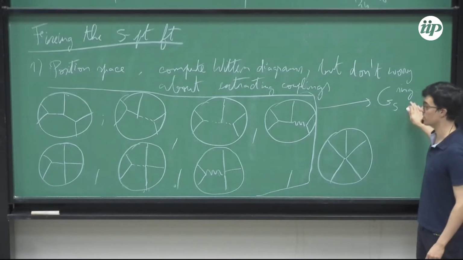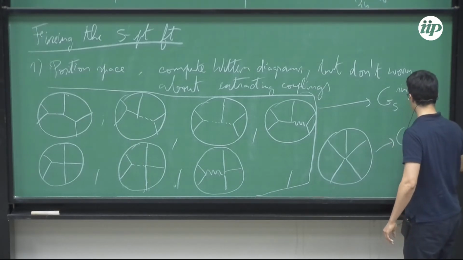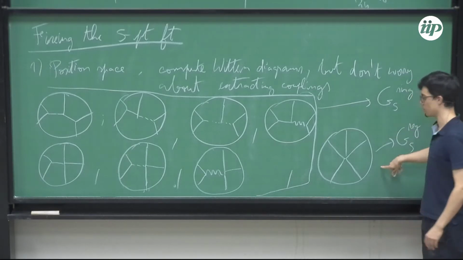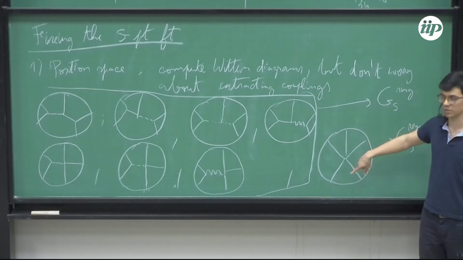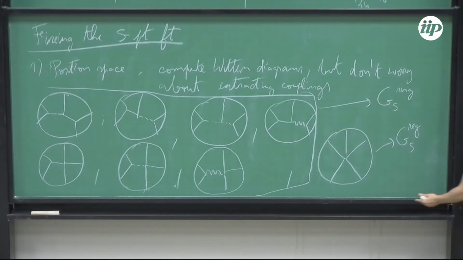So this will contribute to the singular part of the Mellin amplitude, while this will be my G5 regular. This will basically just be a D2,2,2,2,2 with five twos. And yeah, so that's regular, no pole in the Mellin amplitude. So I can erase that one.